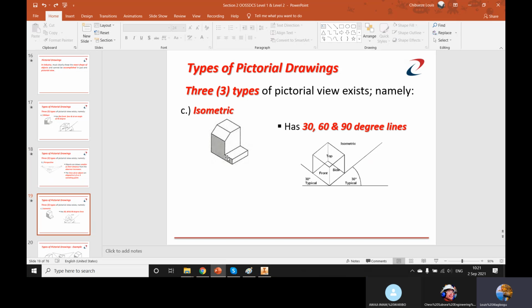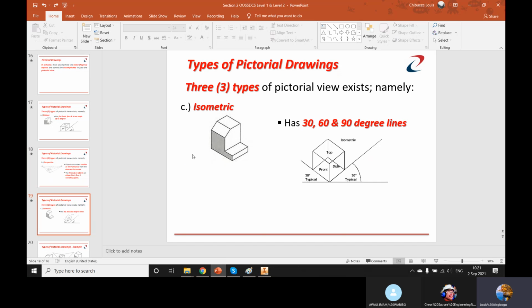So sometimes we put it in isometric view, especially when we're explaining to non-technical persons, someone that should just look at it and understand what it is. Some people use it when they don't want to use a 3D drawing. Sometimes they use it interchangeably with 3D drawings. But these are still under pictorial drawings.